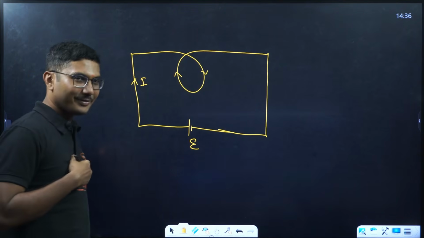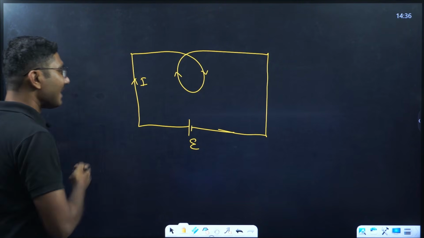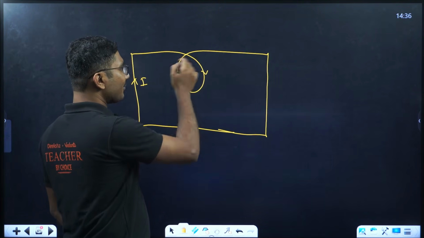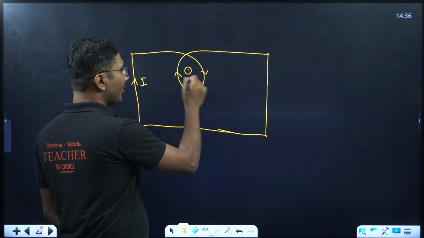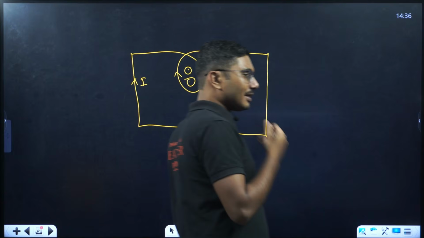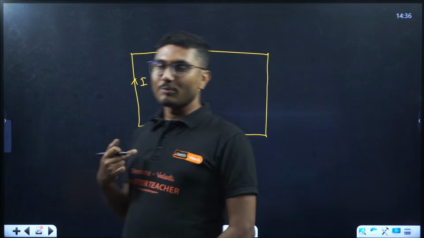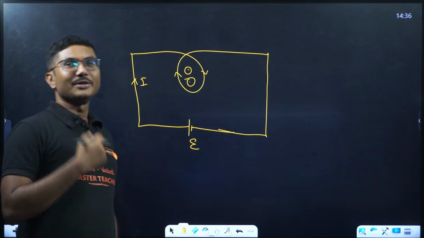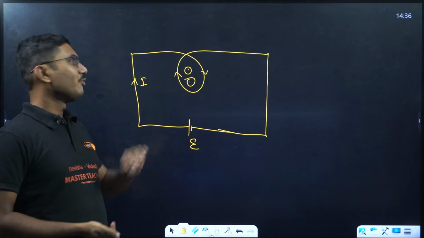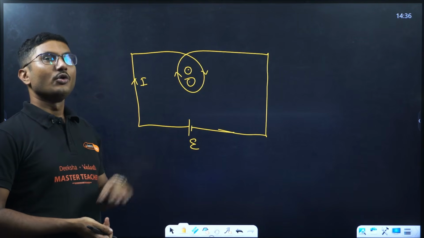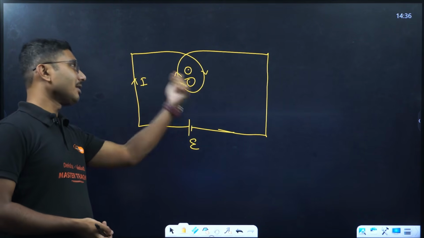Those who know, know. The same thing happens with this coil as well. Whenever current is passing through it, immediately some magnetic field is generated, say out of the page, and immediately that magnetic field is telling the coil, hey, I am here, so you should also produce an induced EMF inside you. So basically this coil is responsible for producing the magnetic field, which in turn is inducing a current in the circuit.